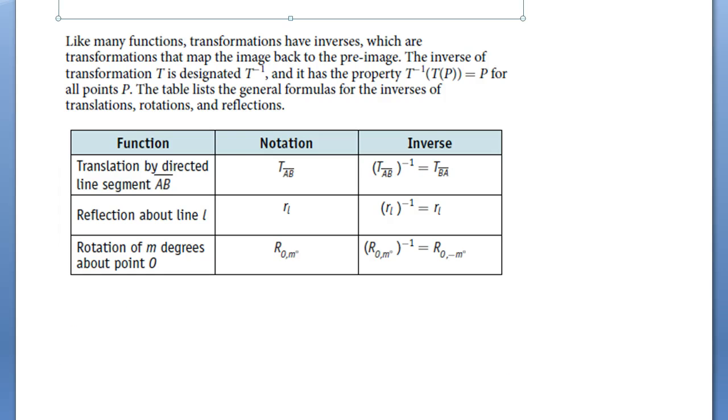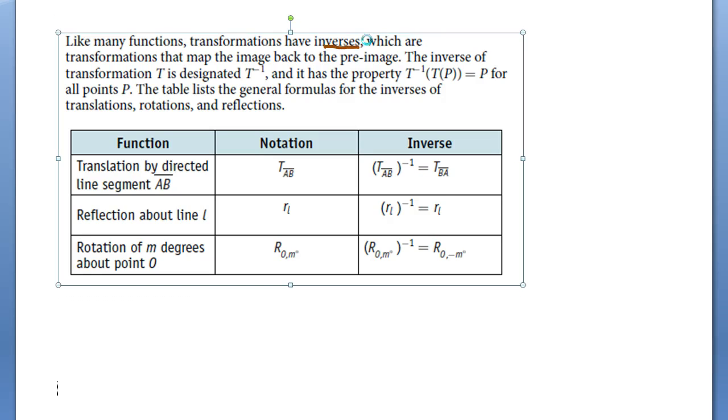Like many functions, transformations have inverses, which are transformations that map the image back to the pre-image. The inverse of transformation T is designated T with a -1 superscript. It's almost like an exponent, but it's not an exponent when you're talking transformations in geometry class.